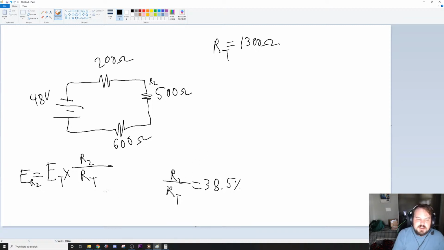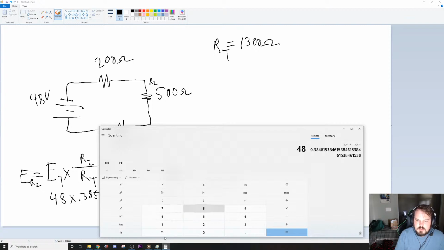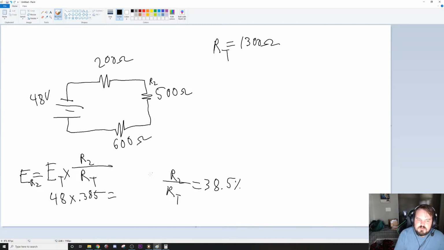What you do to find that is 48 times 0.385, 18.48 volts.